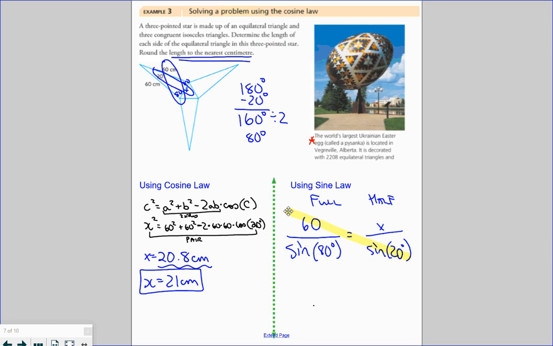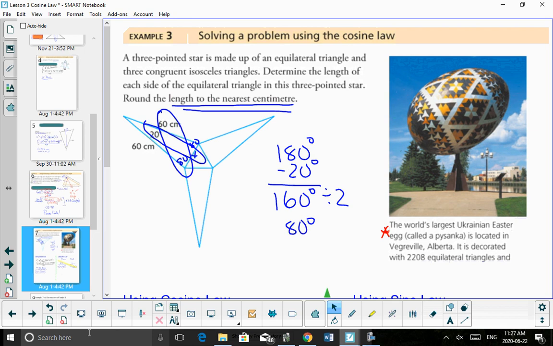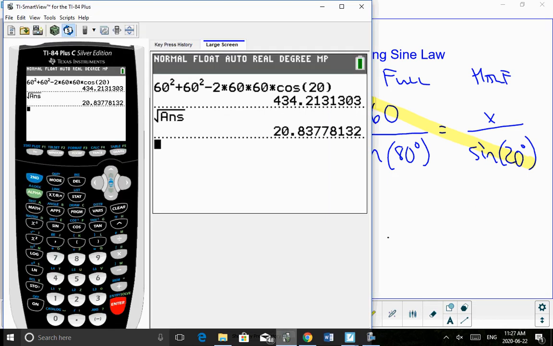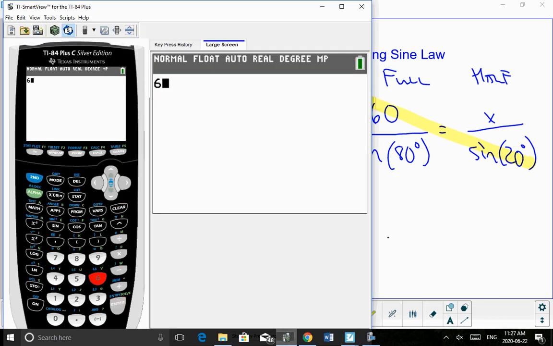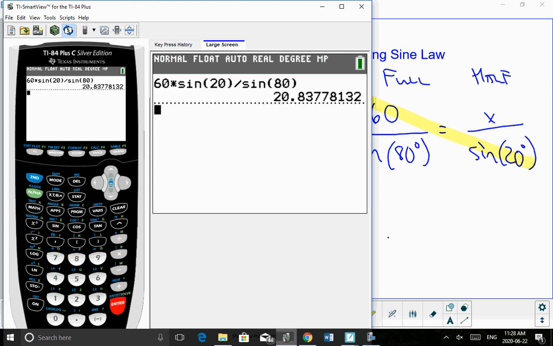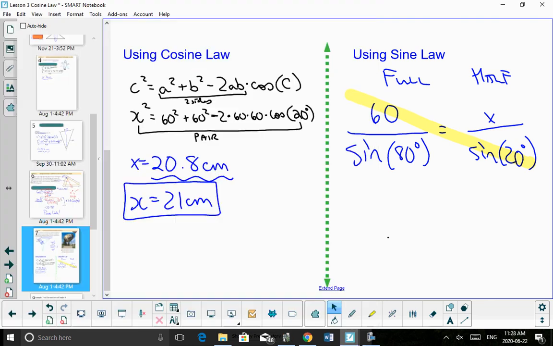On my calculator, 60 times sine 20, again don't hit second, and finish off that bracket. So cross multiply, and then divide by the one left over, sine 80. So my side length is 20.8, which I would then round to 21.